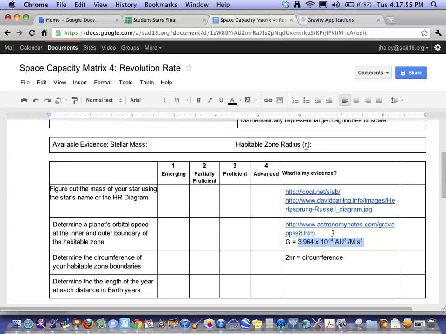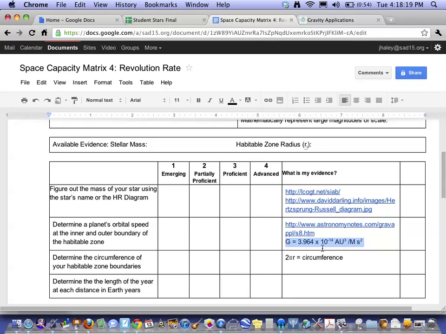So if you look over in the what is my evidence section, there's two little links here. The first one is a link, and this link, the astronomy notes link, is going to give us an equation that we need in order to figure out this speed. And the second one is the gravitational constant.